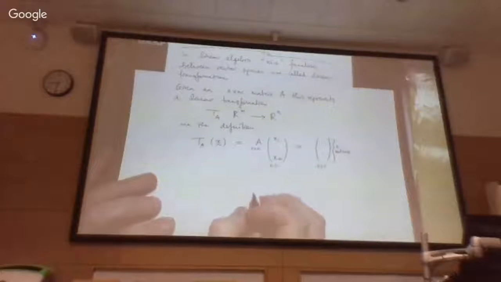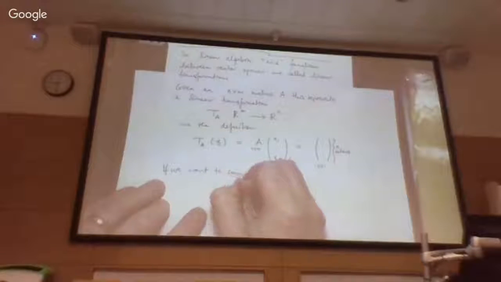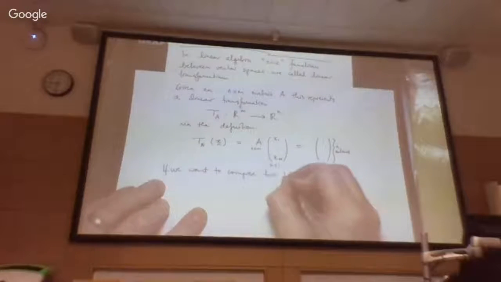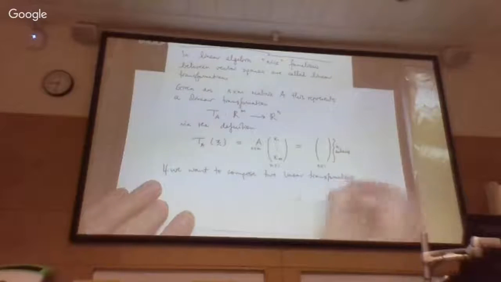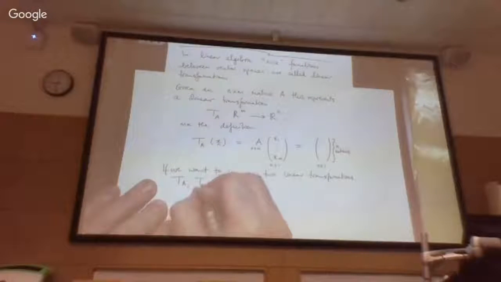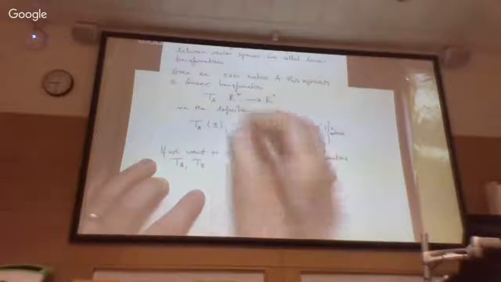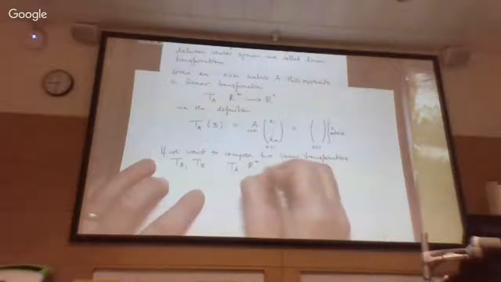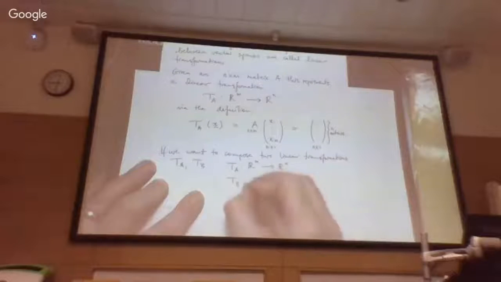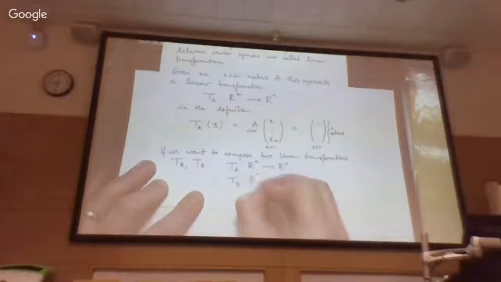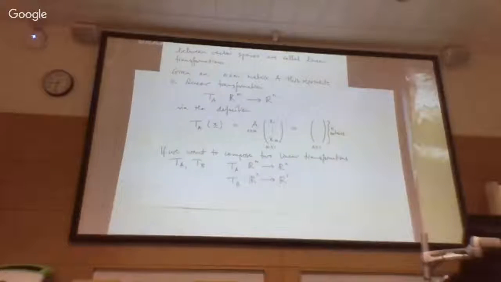So how does composition look? If we want to compose two linear transformations, T_A and T_B, okay? So let's say T_A goes from Rm to Rn, and T_B, well, if we're going to compose them, T_B is going to have to start in Rn and then maybe take you to Rs, some other vector space.